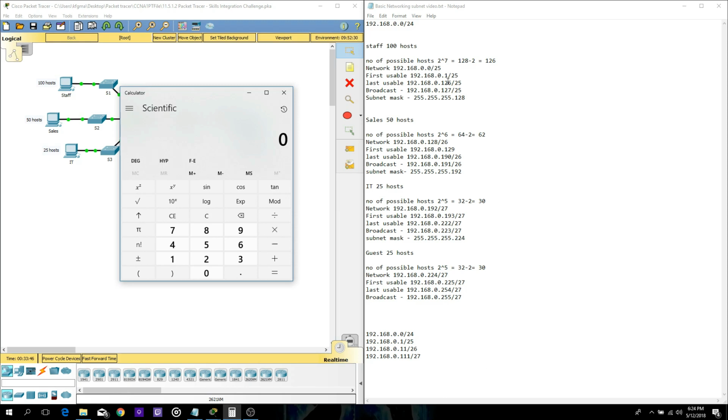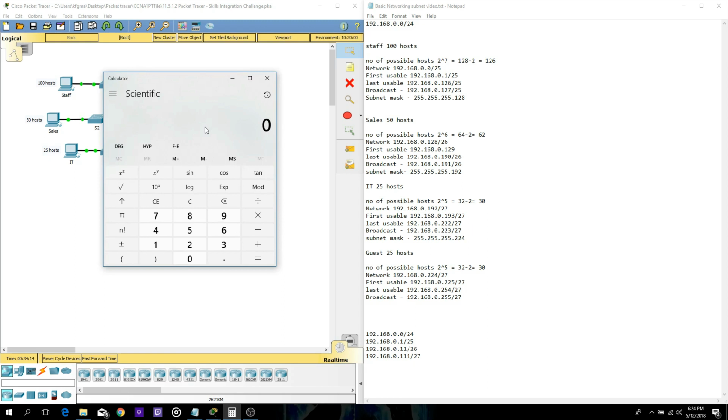An easy way to find our last usable host is to take the number of possible hosts and add it to our network, so it'll be 126. Our broadcast is 1 up from our last usable, so 126 plus 1 gives us 127. And a slash 25 notation for our subnet mask gives us 128.